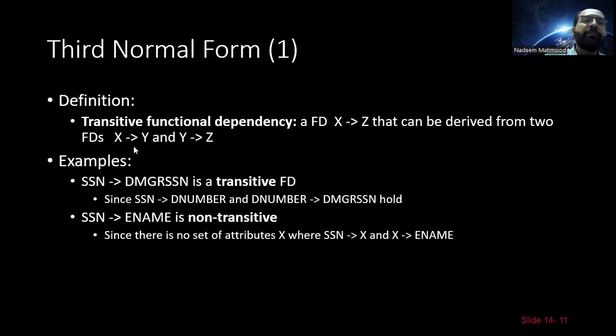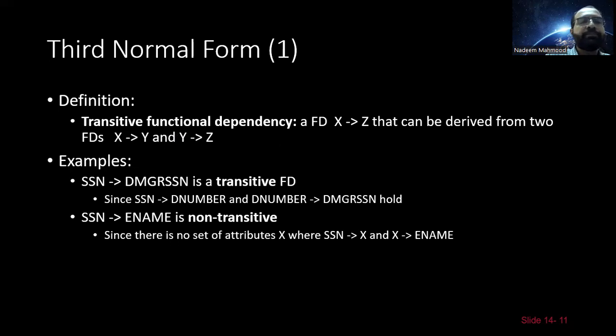In this sort of relation, for example, FD X implies Z, it means X determines Z, that can be derived from two FDs, X to Y and Y to Z. So X does not directly determine Z. X determines Y and Y determines Z. So this is called transitive functional dependency.